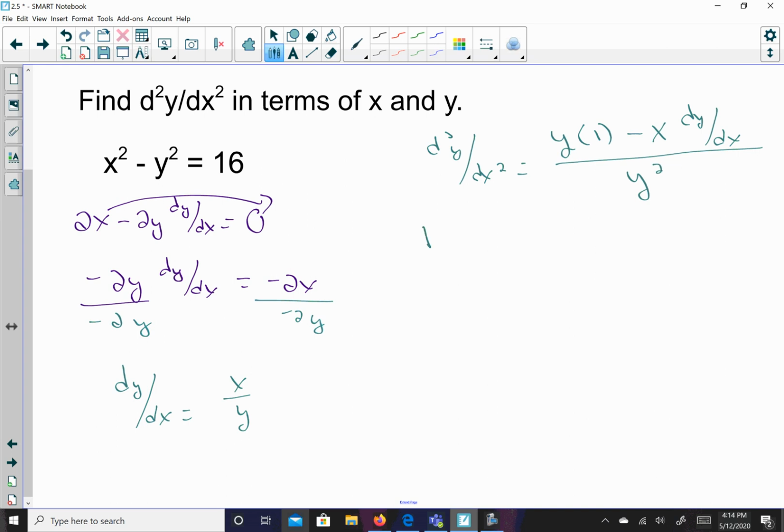So what I have, before I do anything else, I'm going to just rewrite this as y minus x dy dx all over y squared. So that's my second derivative.